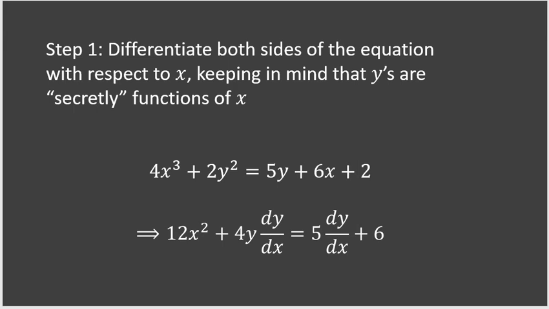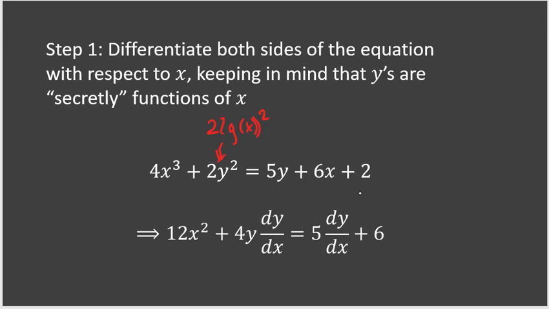Where it starts to get a little bit confusing is when you are differentiating y terms. So as we saw in the previous slide, we could look at this term here as 2 times g of x squared. So I see 2 times some arbitrary random function of x squared.